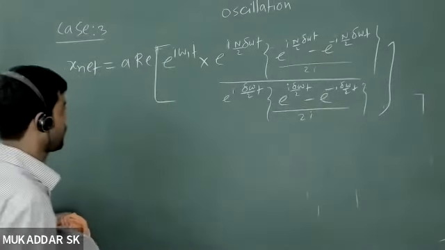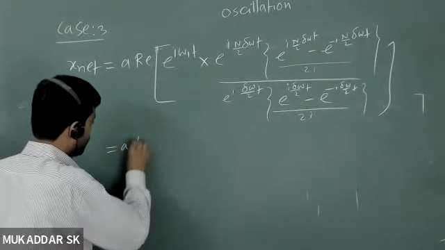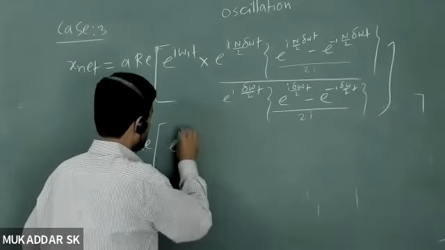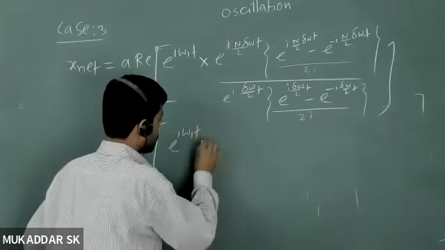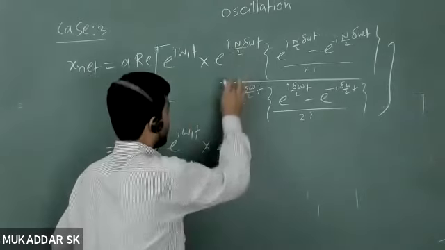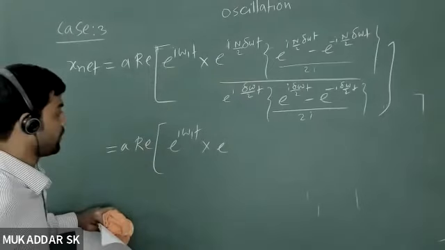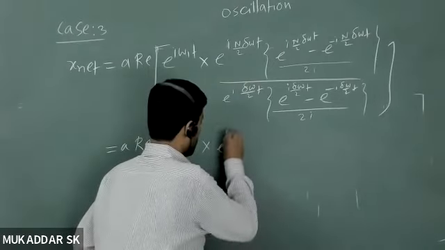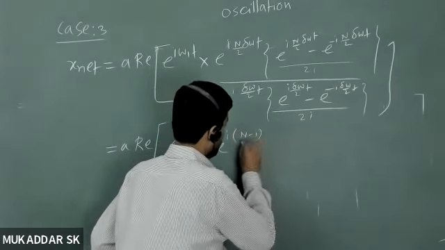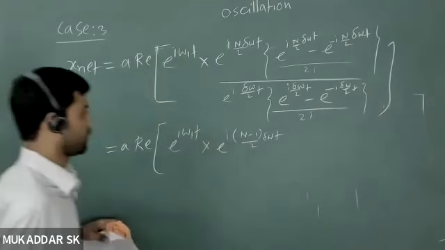So I can write them like a real part of exponential i omega 1 t. Then these two I can simplify like i into (n minus 1) by 2 delta omega t, right?